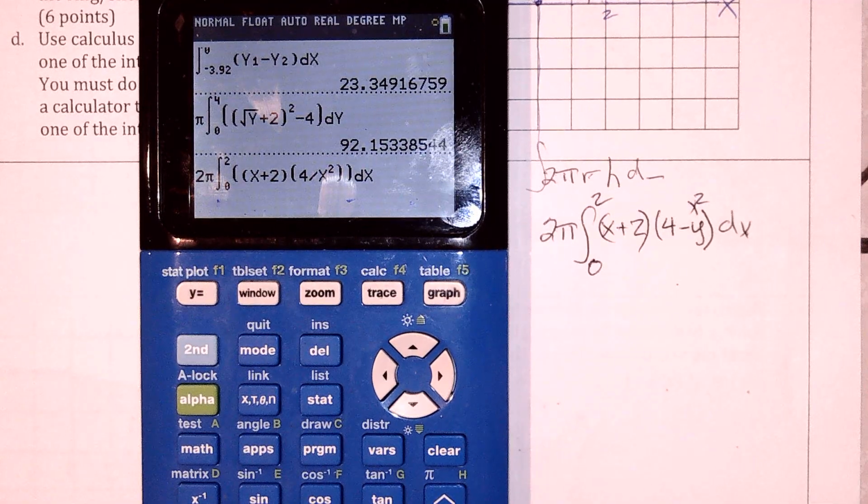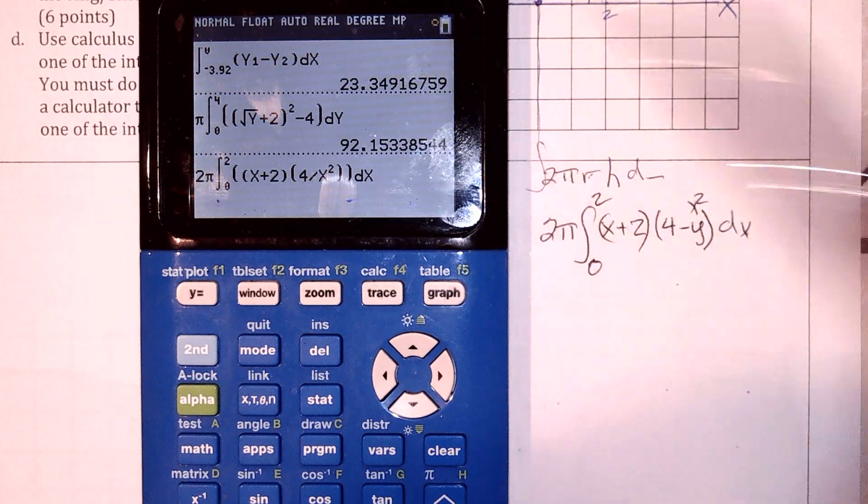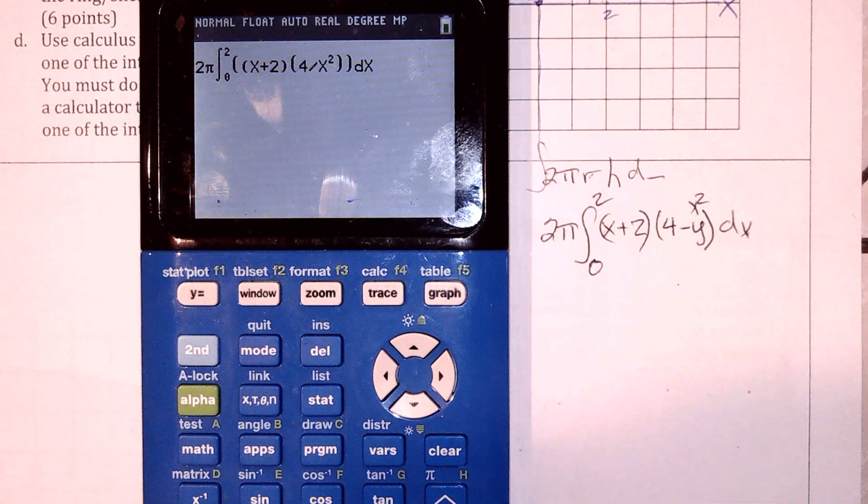And that works out to be hopefully the same, if I didn't make any mistakes. It's taking a little longer to think this one through. Little thing here says it's still thinking. Uh-oh. It says it has a tolerance error problem.